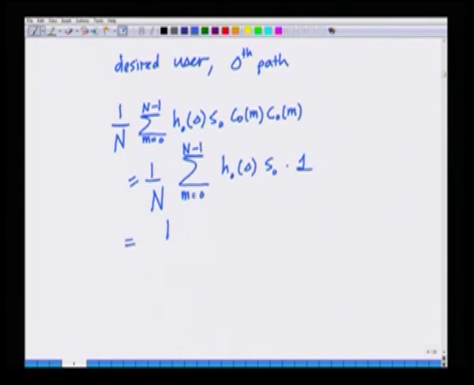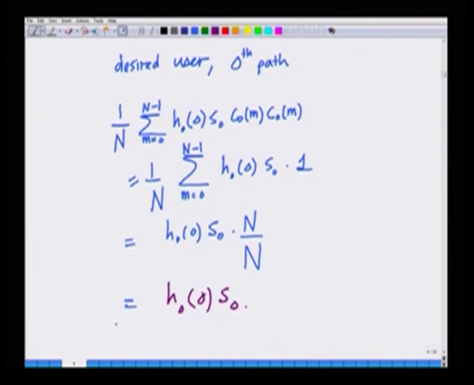This is simply nothing but h 0 0 into s 0 summed n times, which is n over n, which is nothing but h 0 0 s 0.